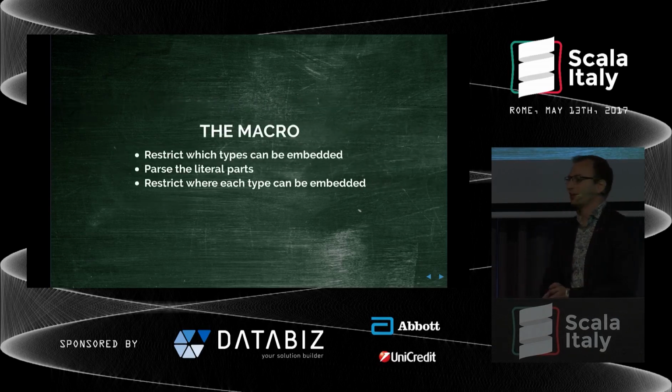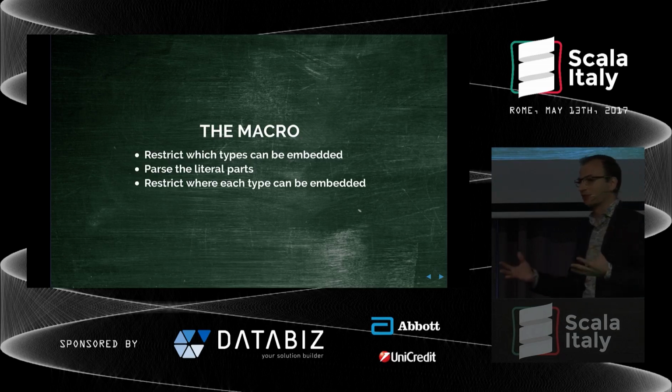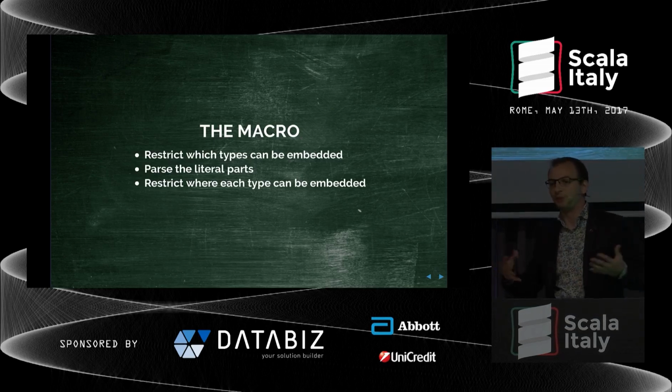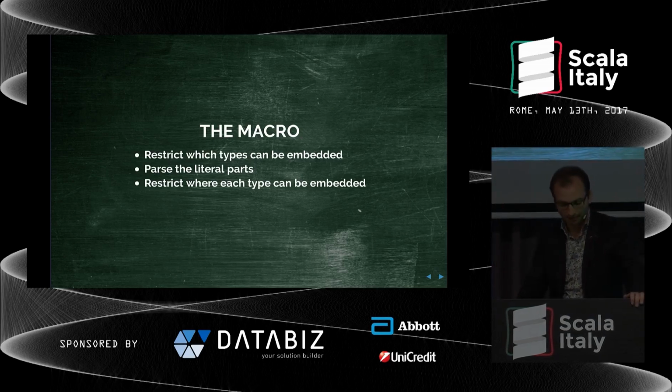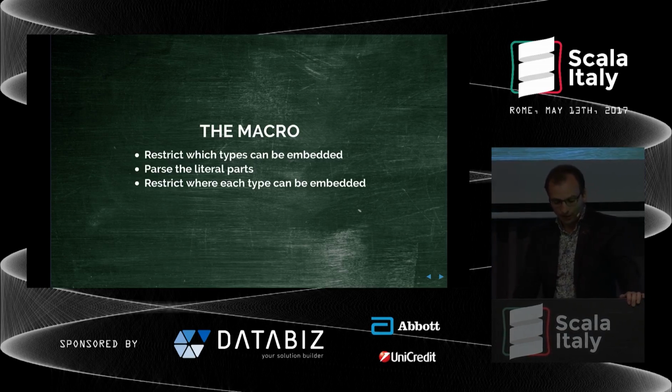But I've said we're going to try and use a macro to implement this, and a macro gives us a lot more possibilities to open up. We could restrict which types can be embedded. Well, actually, the type system can do that, but we have a little bit more control with the macro, so we can do more advanced things with restricting the types.